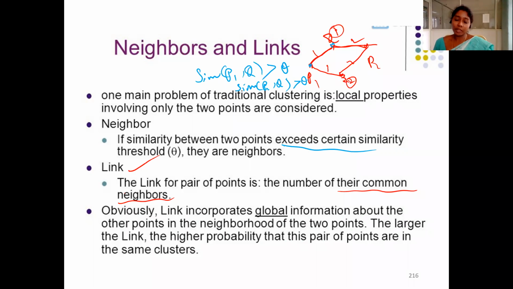From these two steps, I can observe that Q is a neighbor of both P1 and P2. So I note down that Q is a common neighbor. One common neighbor has been identified just now.